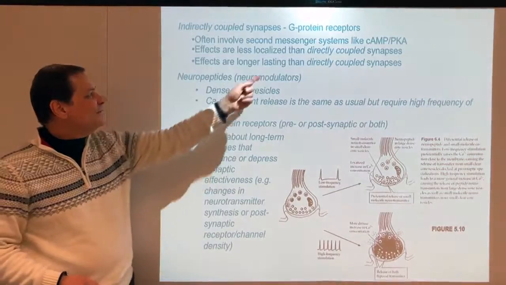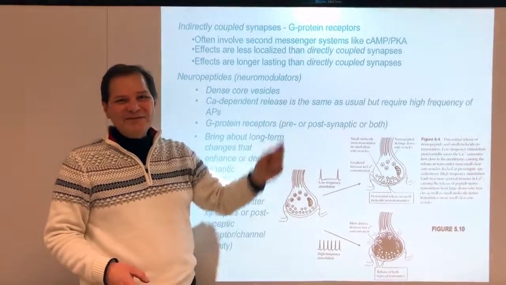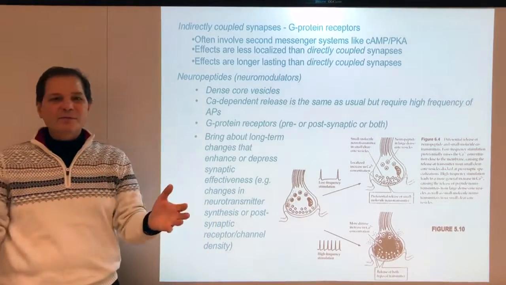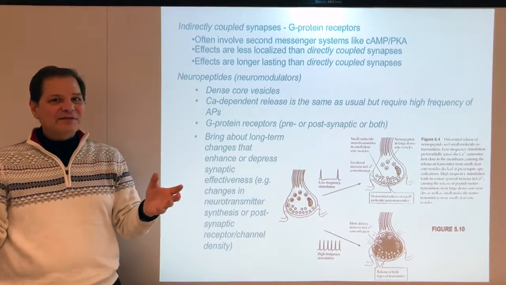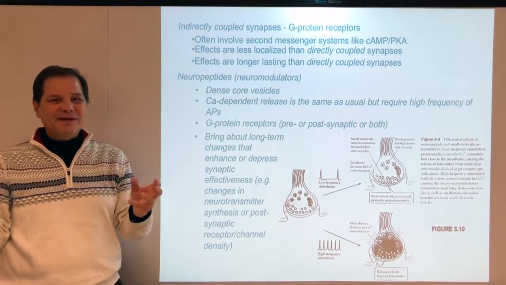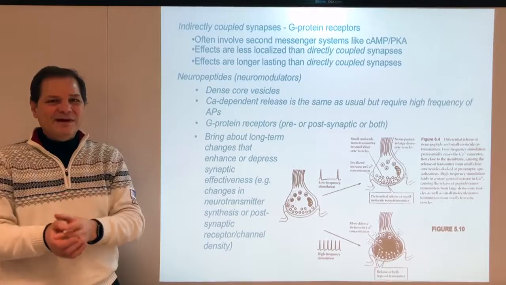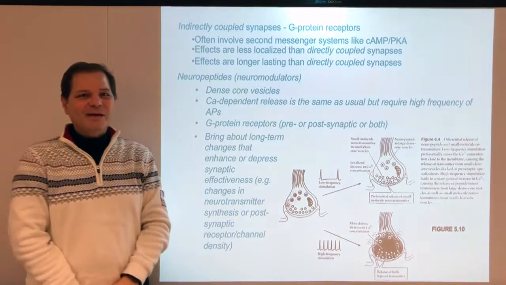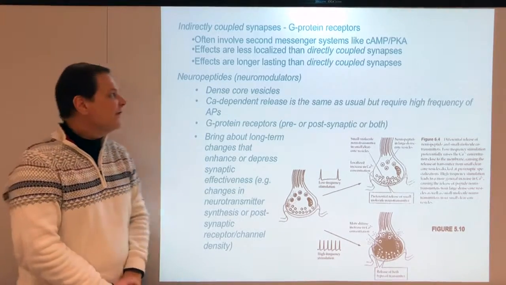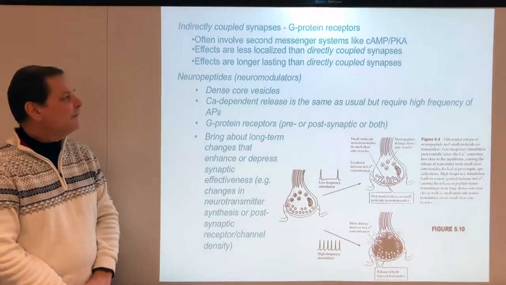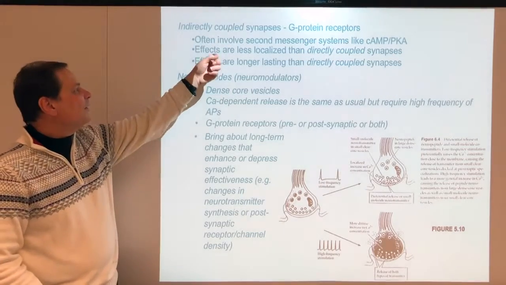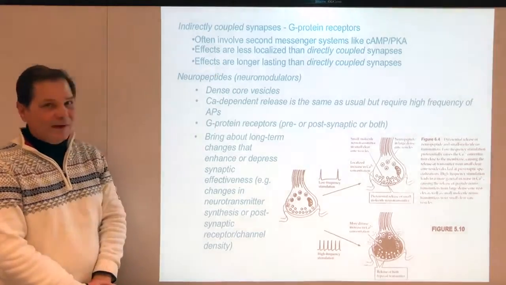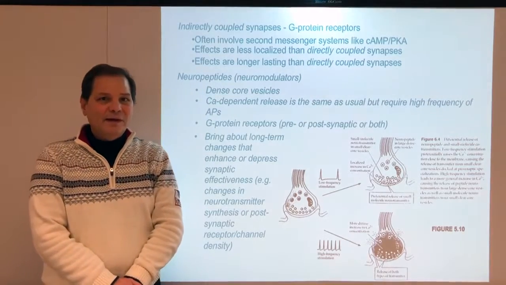In the case when you're generating second messengers now, and they've diffused all over the place, now you've got this slow process of eliminating the second messengers and terminating that response, even when the ligand's not bound to the receptor anymore. So that tends to take a fairly long time. So these tend to last longer and they're less localized. Okay, and you should be aware of that.